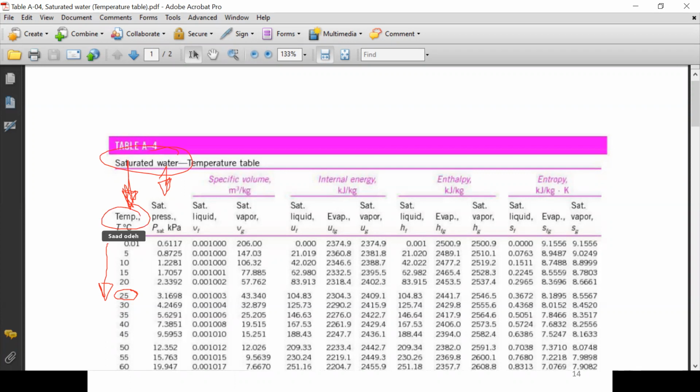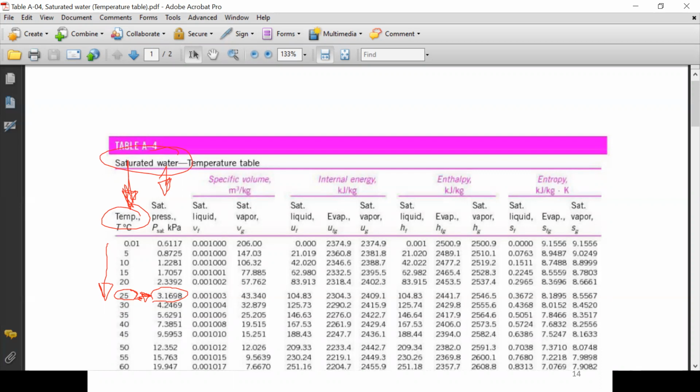So in the temperature table, the first column is temperature. For example, if I have 25 Celsius at this temperature, and I want to make the water boil, then I have to reduce the pressure to this pressure. Did you get what I mean? All right, let me repeat it.